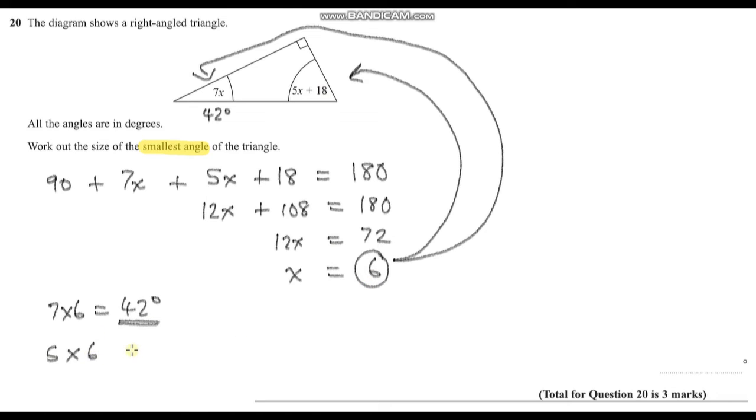So 5 times 6 and then plus 18. So 5 times 6 is 30. 30 plus 18 is 48. So that angle is 48 degrees. So we've got all of our angles now. Work out the size of the smallest angle. Well, this one is the smallest, so that is 42 degrees.